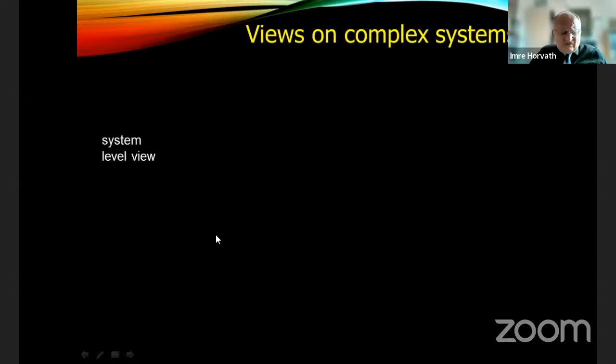And then we also have to consider that system science and system thinking tells us that we might have two alternative views with regards to system development. One of them is the system level view, and the other is the so-called component level view. What is interesting is that they resemble each other.